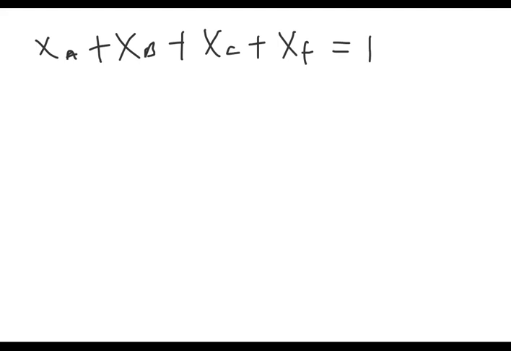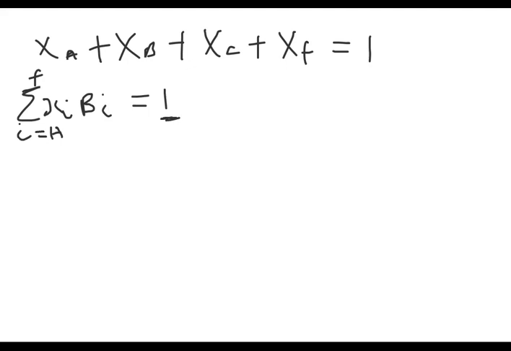So we can say that the summation of xi multiplied by the beta of i, where i goes from A up to F, should be equal to 1. And this one here represents the market beta. So I'm just finding the weighted beta for the 3 stocks, sorry, the 4 stocks, including the risk-free asset.